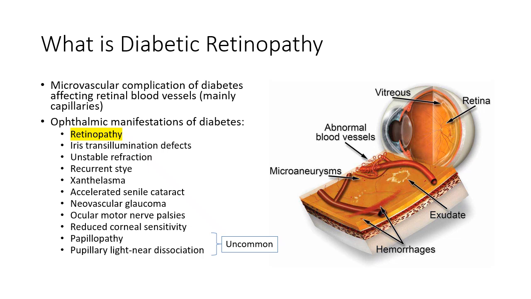But there are several other manifestations of diabetes, the underlying pathogenic mechanism of which is mostly neuropathy and increased blood sugar levels.